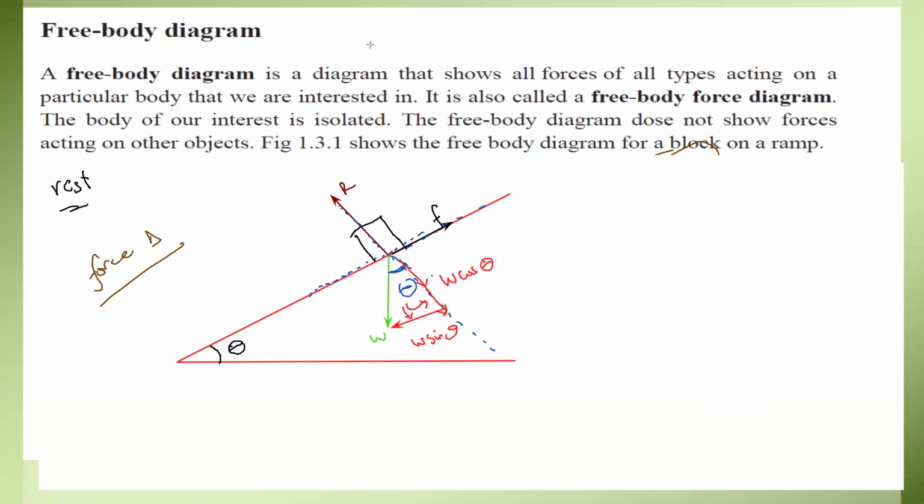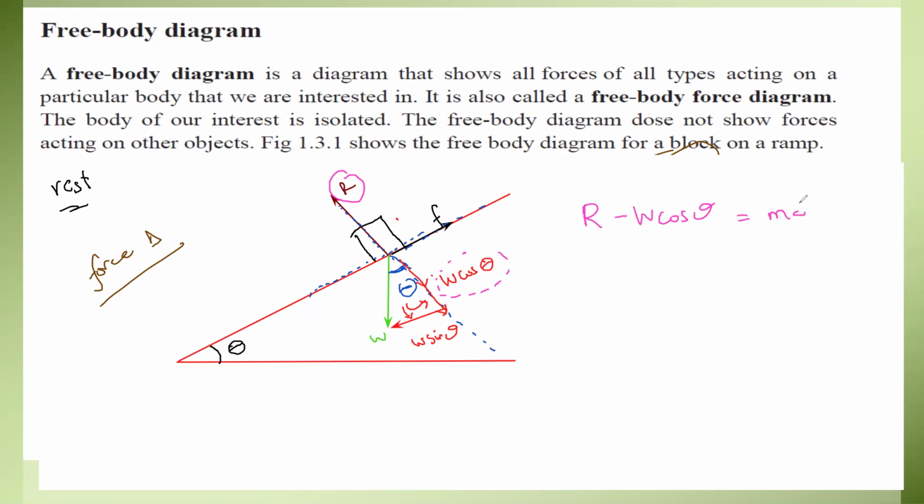Now for this example, if you want to write an equation for the object being stationary: if an object is stationary, the resultant force should be 0. So first, as you can see, R is acting upward, and what is balancing R? Which component of the weight is balancing R, W cosine or W sine? W cosine. So W cosine is balancing R. So we can say that R minus W cosine theta is equal to MA.